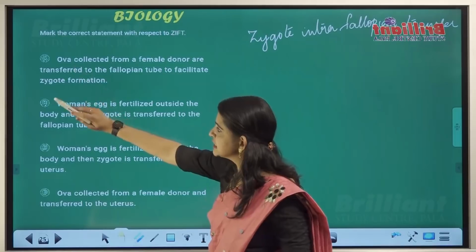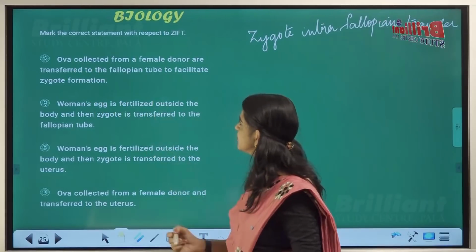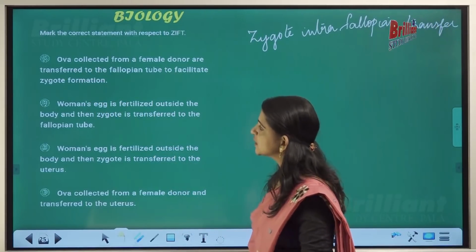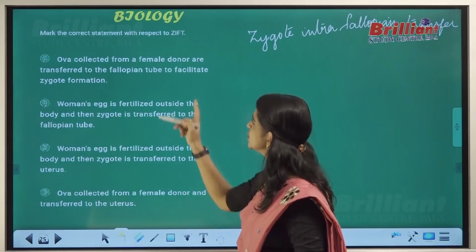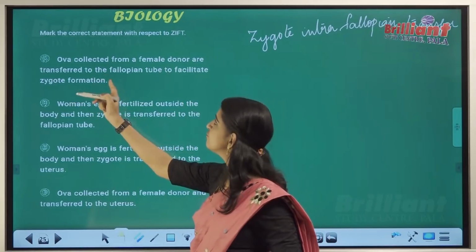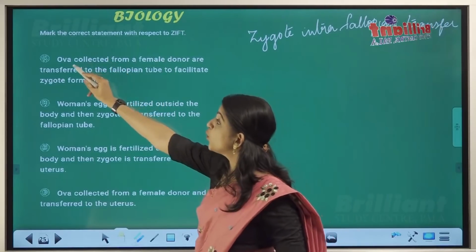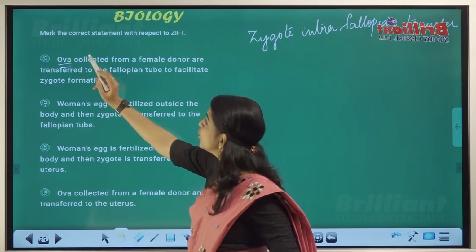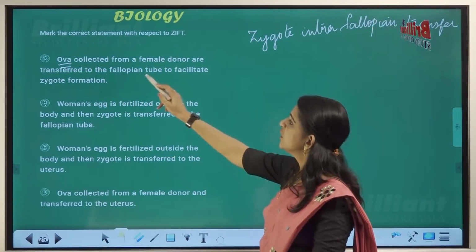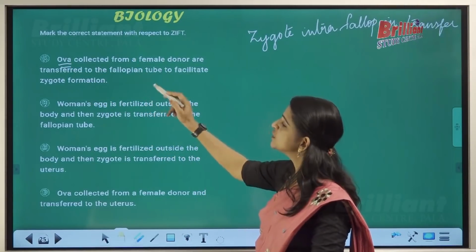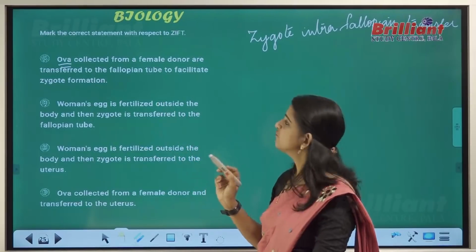First option, they are telling ova collected from a female donor are transferred to the fallopian tube to facilitate zygote formation. Here we are giving ova, not zygote, to the donor's fallopian tube to facilitate zygote formation.